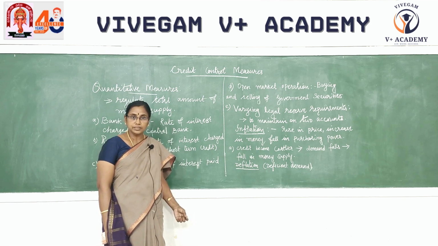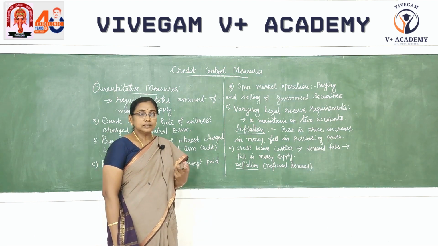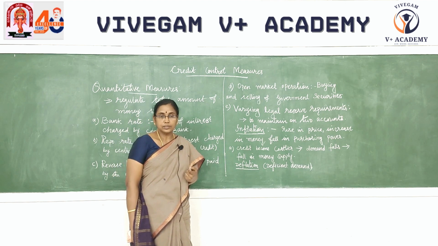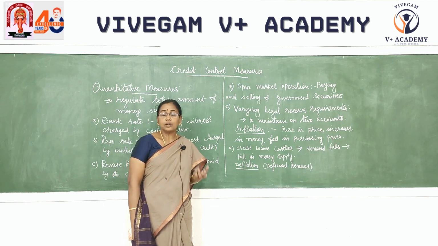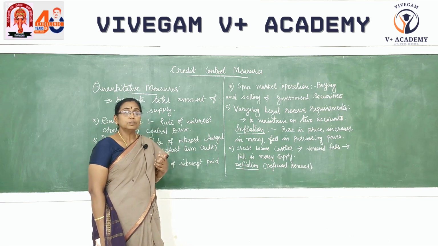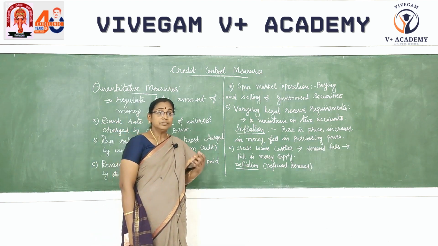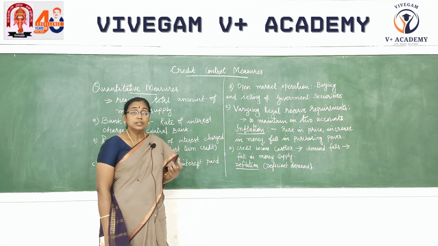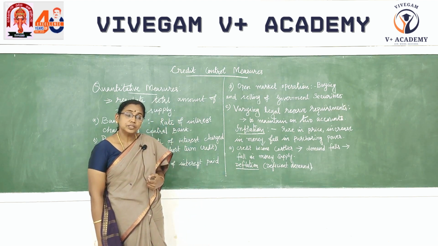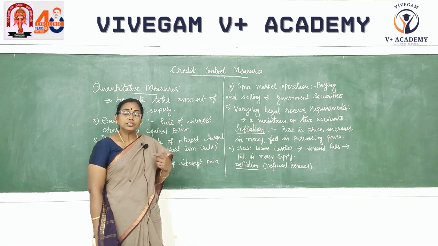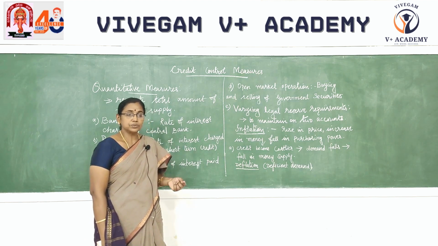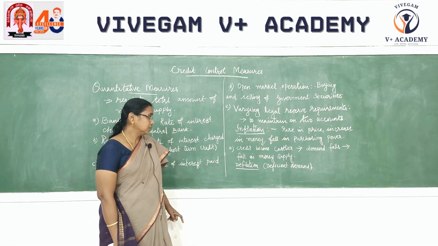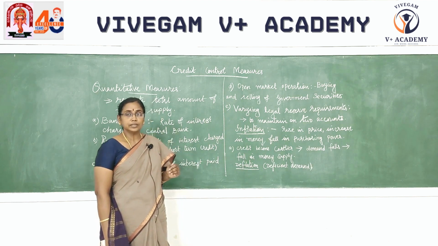Here also they will increase, because the commercial banks earn the interest. When the reverse repo rate increases, they tend to keep more funds with the central bank. When they deposit more, their disposable amount is reduced, so credit creation is reduced. So money supply gets reduced, and to some extent inflation can be decreased.